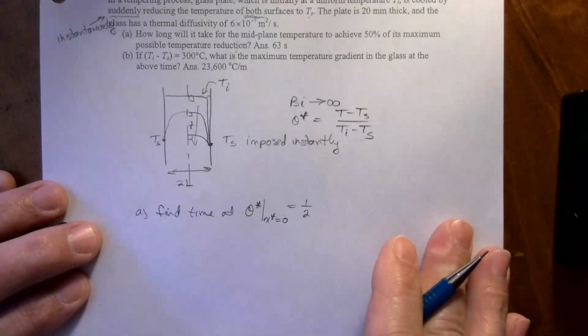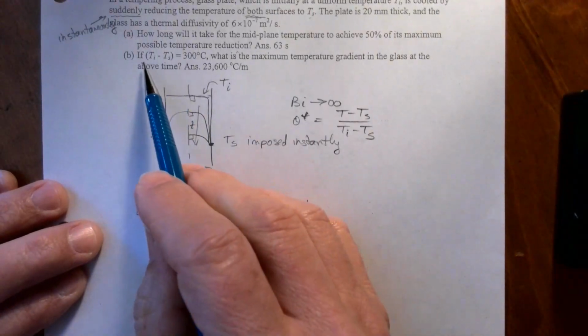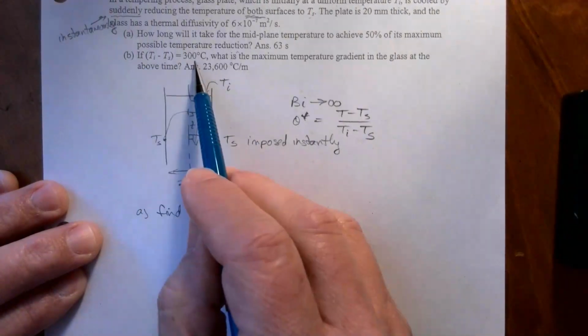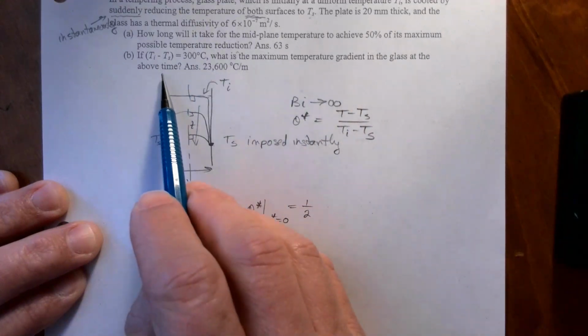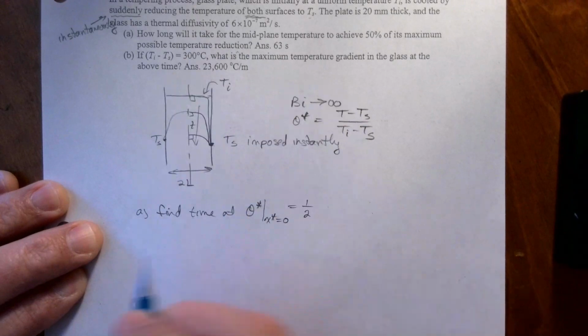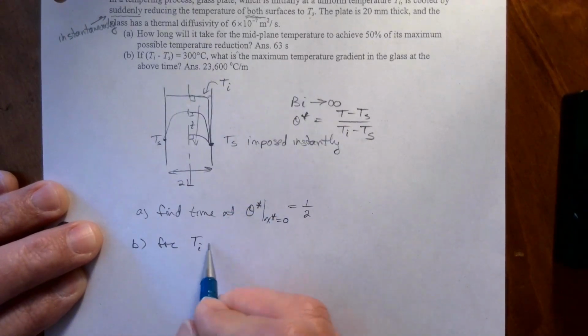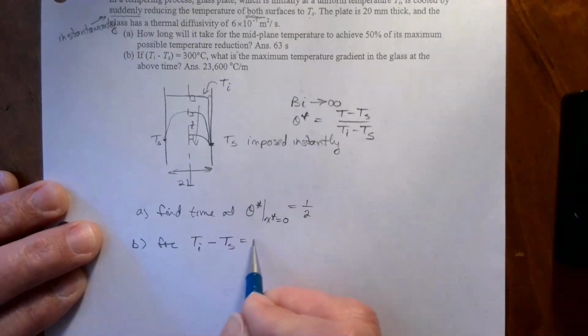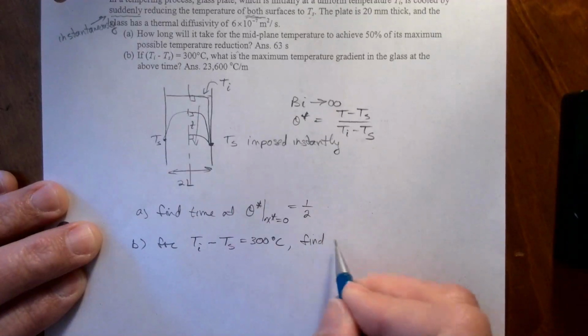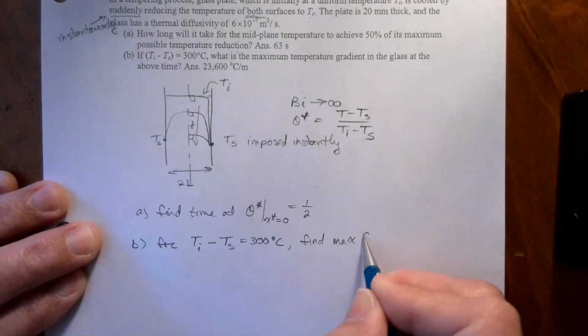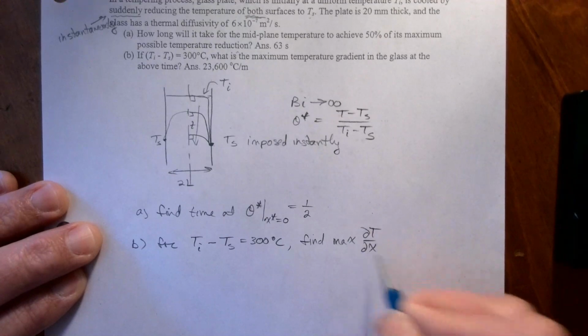Part B says, if Ti minus Ts is equal to 300 degrees C, find the maximum temperature gradient in the glass at the above time. So they're going to give us a value for Ti minus Ts equal to 300 degrees C. Find the maximum partial of T with respect to x.